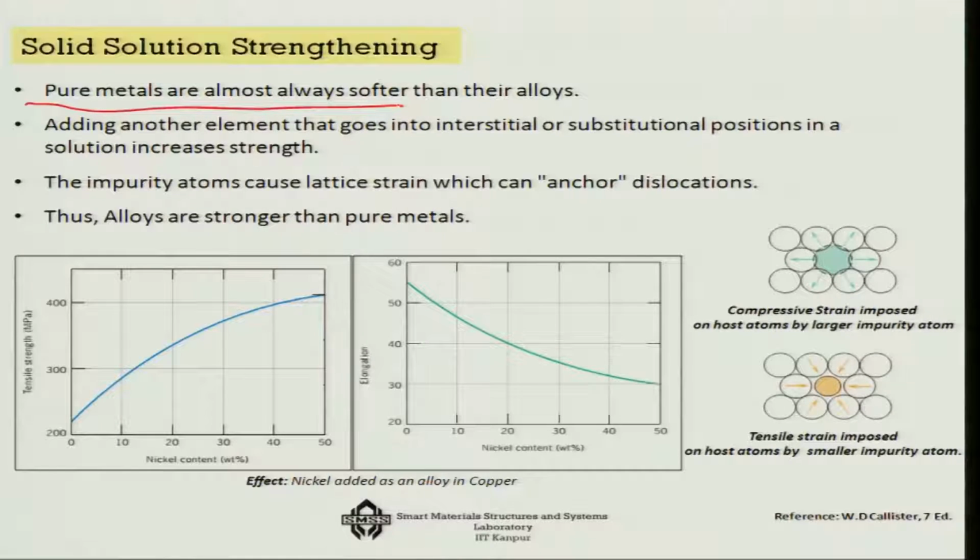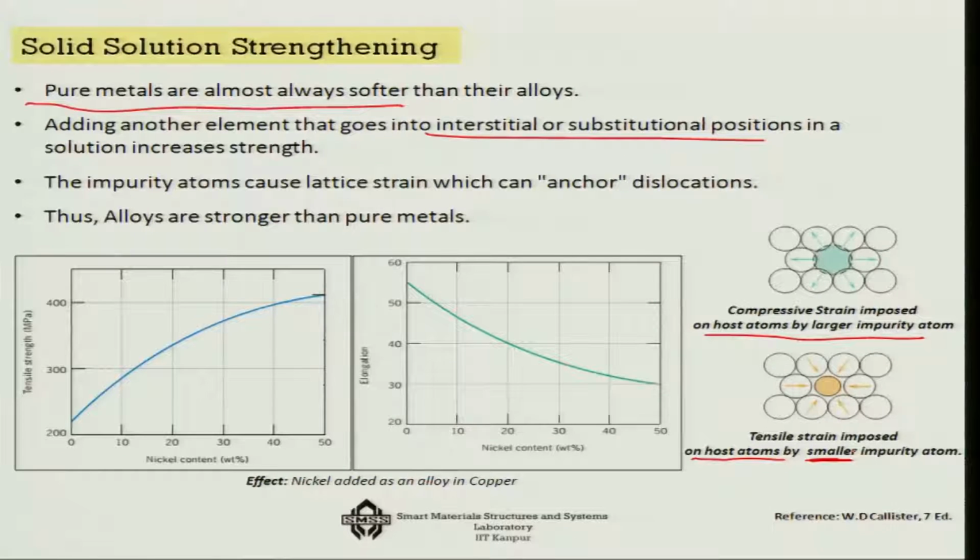Whenever these impurities go into interstitial or substitutional positions, what happens? If the atoms that go in are larger in size, a compressive strain will be developed on the host atoms, and on the other hand a tensile strain will be imposed on host atoms by smaller impurity atoms.